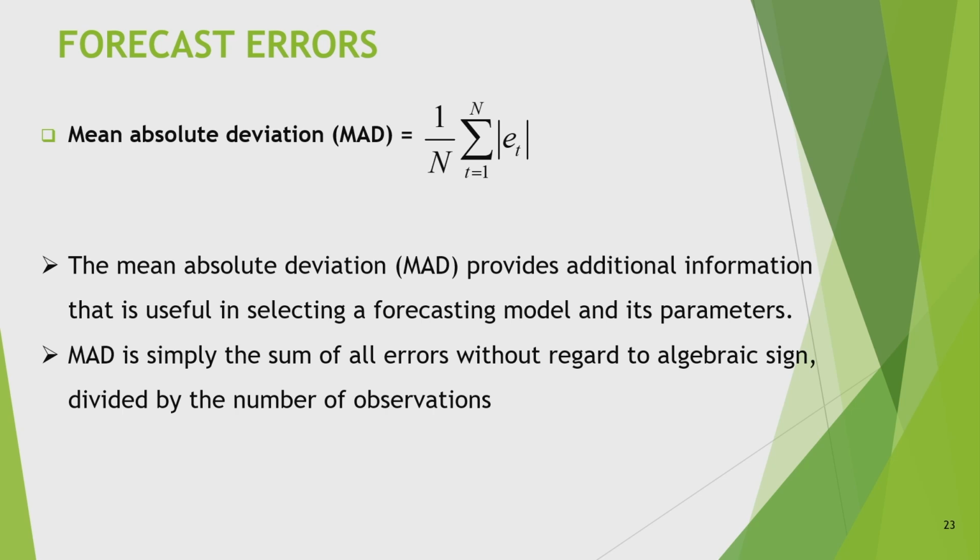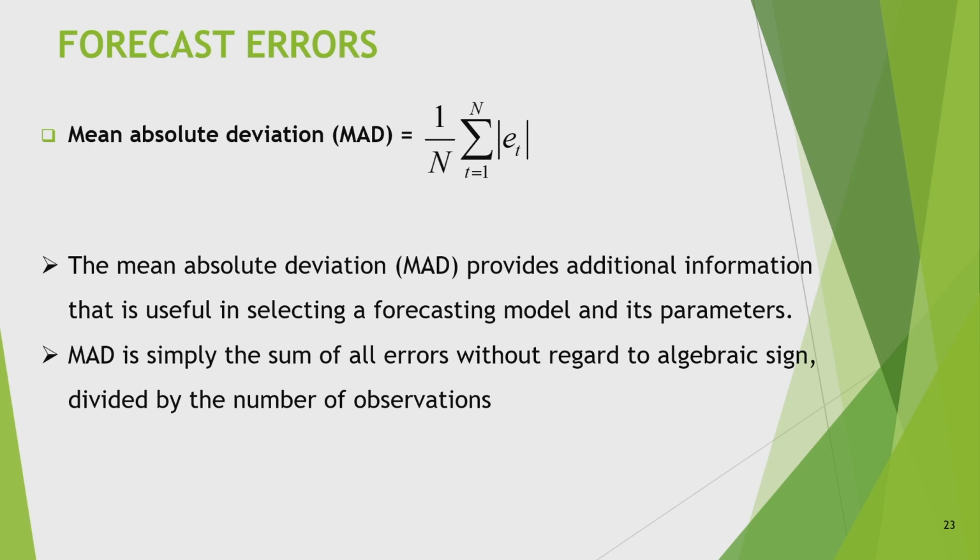So, therefore, we can calculate another measure, that is mean absolute deviation, MAD. This is equal to 1 by n, sum over t equal to 1 to n of the absolute value of the error. Mean absolute deviation provides additional information that is useful in selecting a forecasting model and its parameters.